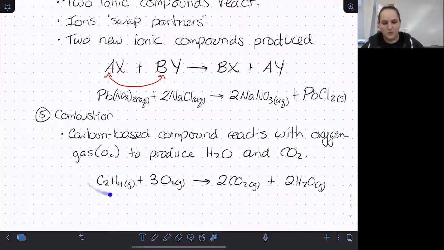So again, what this compound is, is the only thing that really varies here, but it will always involve some carbon. Generally, for the purposes of this course anyways, it's going to be a hydrocarbon, which just means something that contains carbon and hydrogen and nothing else. You can combust other things, but the reactions sometimes get a little bit more complicated, though still fundamentally the same thing. So these are just a few of the different ways that chemical reactions can be classified to help us understand how they're going to work.